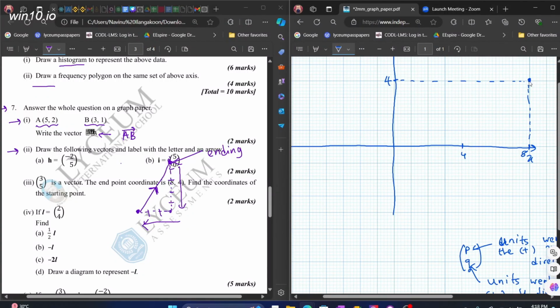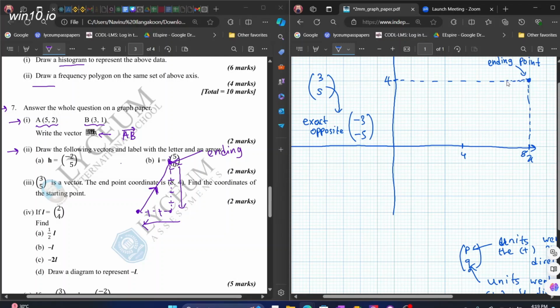So if we are given the ending point, the given vector is (3, 5). Now if we want to find the starting point, what we do? We take the exact opposite. So to get the exact opposite, we have to multiply these two numbers by -1. Then it becomes (-3, -5). Then starting from here, we mark -3 and -5.